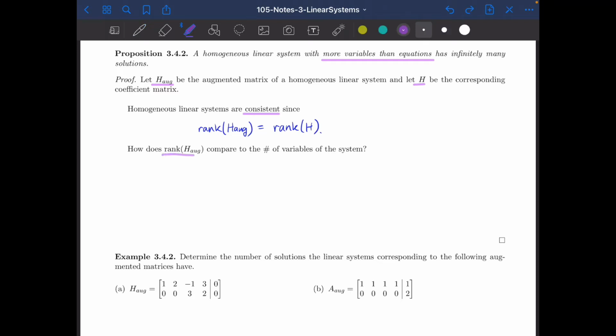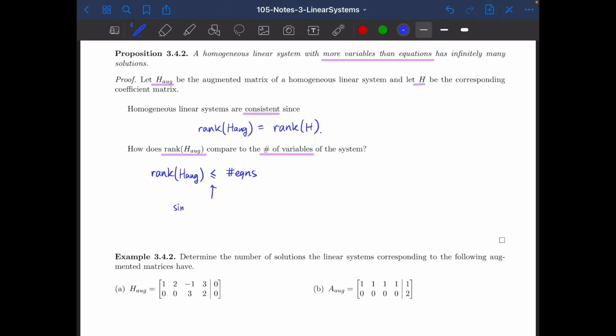Now how does the rank of the augmented matrix compare to the number of variables of the system? First, what we'll do is compare the rank of the augmented matrix with the number of equations in the linear system. The rank of the augmented matrix is always less than or equal to the number of equations of the linear system. And why is that?